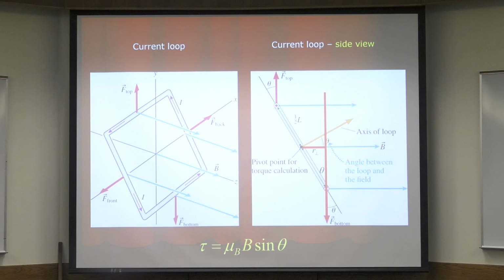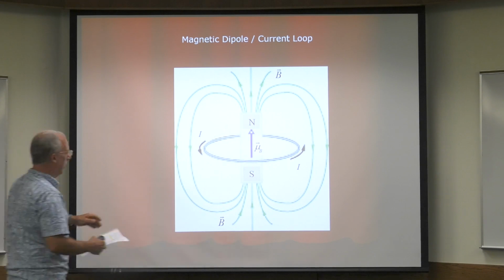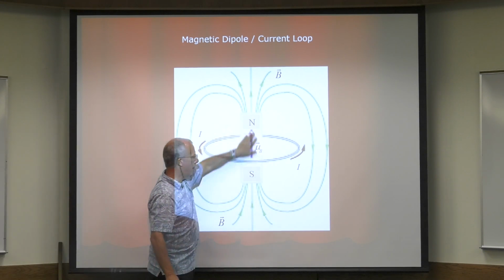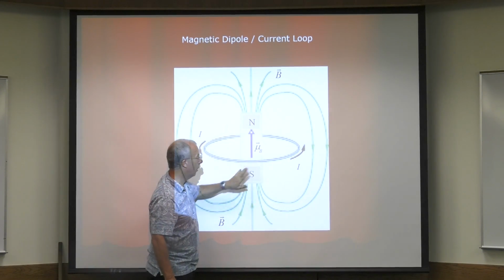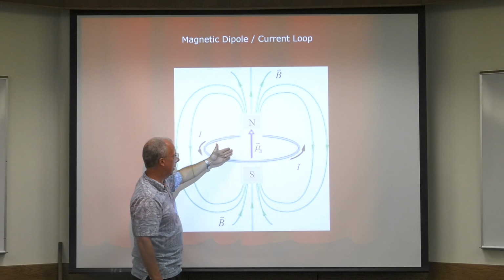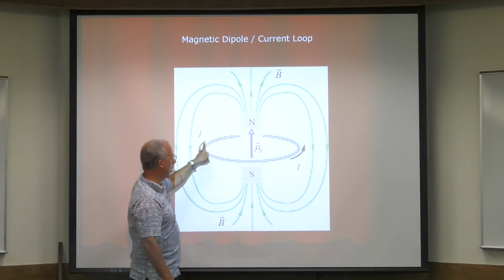Let me talk more about this magnetic moment. Remember I said that a bar magnet is a magnetic dipole, with a north pole and a south pole. And then I said you could also create a magnetic dipole with a circular current loop.